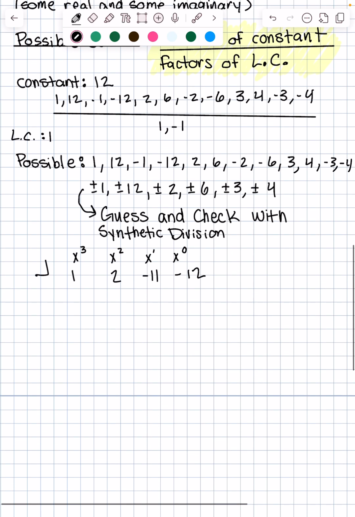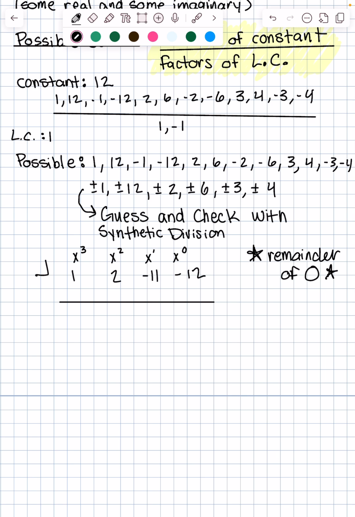Okay, and how we know that one of these possible zeros is an actual zero is if our remainder is 0. That's what we want. We want a remainder of 0. So normally you would just start plugging in some of these numbers. So you could plug in +1, you could plug in -1, you could plug in +12 or -12, but you're just plugging in these numbers until you get a remainder of 0.